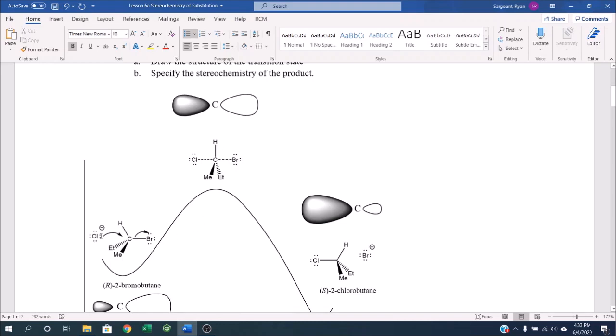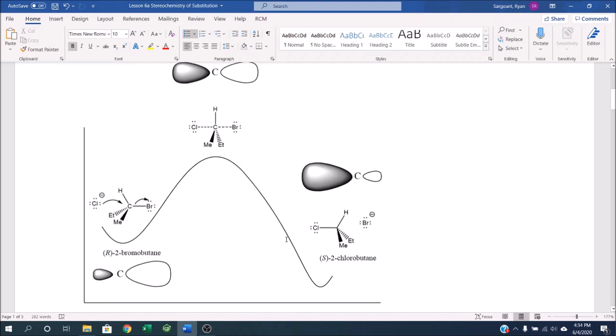As you think about crawling up this energy diagram, the chloride is pushing its electron density in as a nucleophile, and the bromide is leaving as a leaving group, so these 3 groups, the hydrogen, the ethyl, and the methyl, flatten out, kind of like an umbrella that starts to invert. And that's exactly what happens as we roll down the slope and the bromide departs entirely.